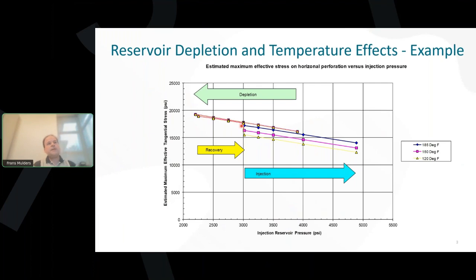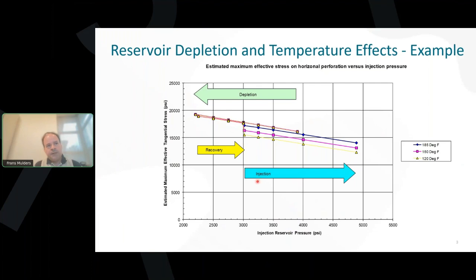What this means is that the stresses acting, in this case on a horizontal perforation, will obviously change when the pore pressure changes. When the pore pressure goes down, effective stresses go up, and when the pore pressure goes up, effective stresses go down. And you can see that relationship here in this graph.